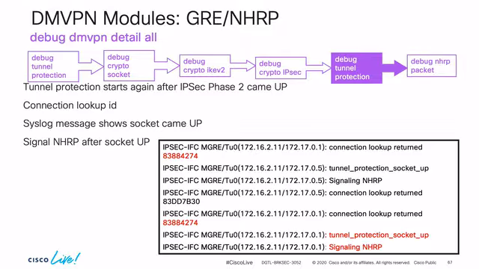The command would be debug dmvpn detail all, and you can specify that you want to debug NHRP packets. When we run this debug, we would see information with respect to the tunnel protection, after the IPsec encryption tunnel has come up. This is after IPsec phase 2.